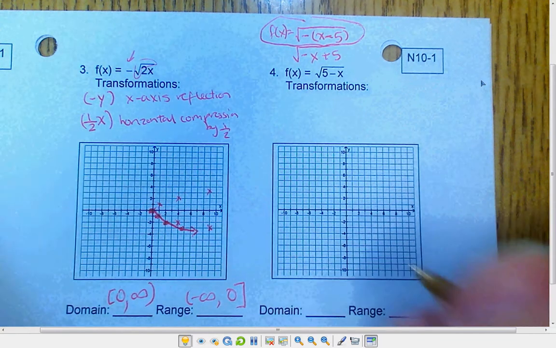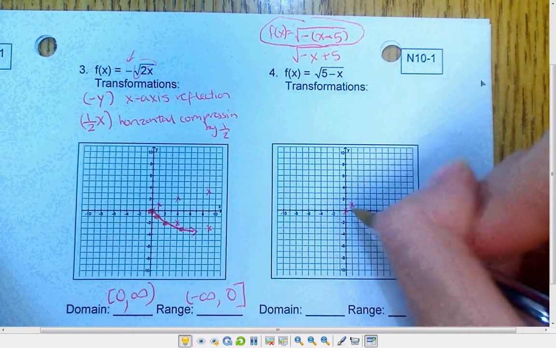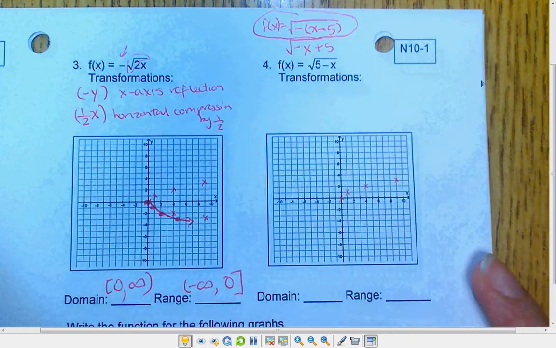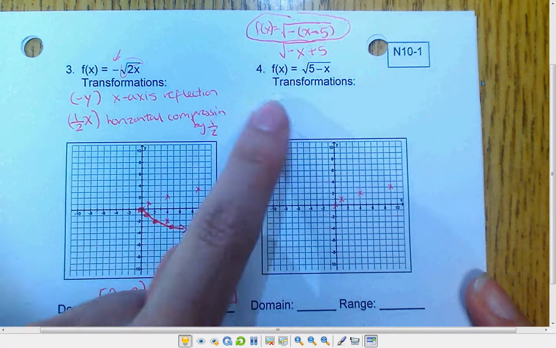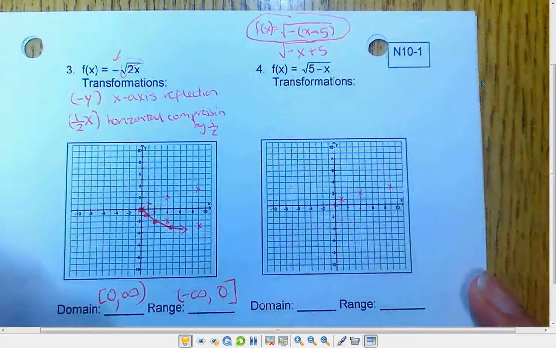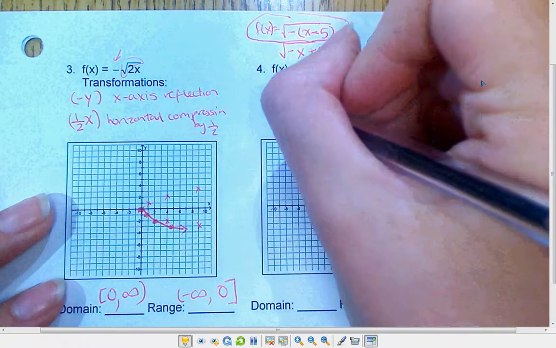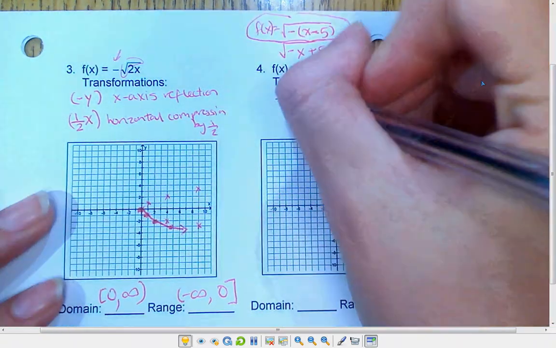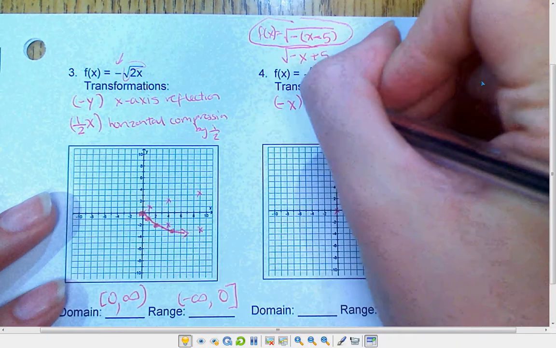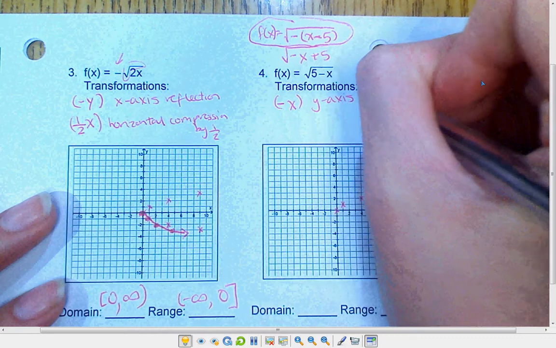So again, square roots, so we're starting at (0, 0), (1, 1), (4, 2), (9, 3). Same parent function every single time. Let's look at what's happening to this function. The negative in this case is on the inside of the square root. If it's inside, it's affecting your x. If it affects your x, it's a reflection across the y-axis.